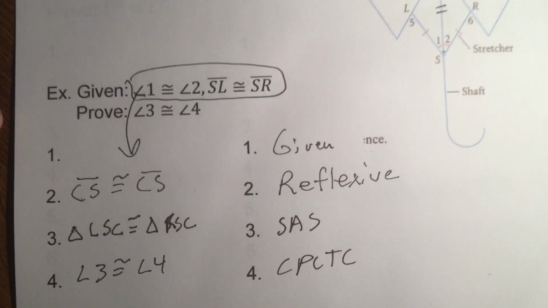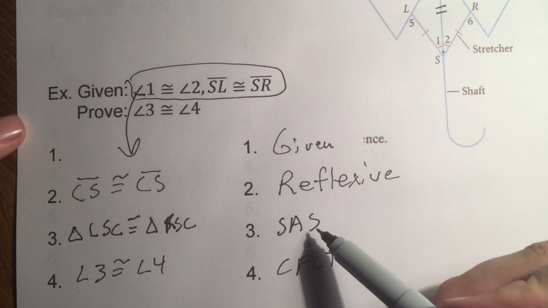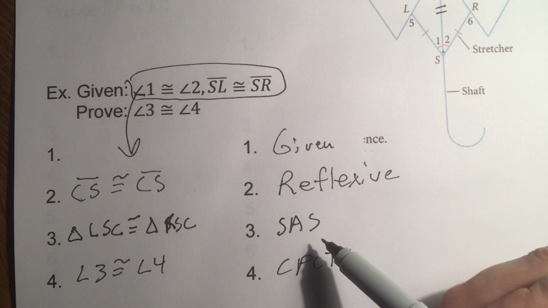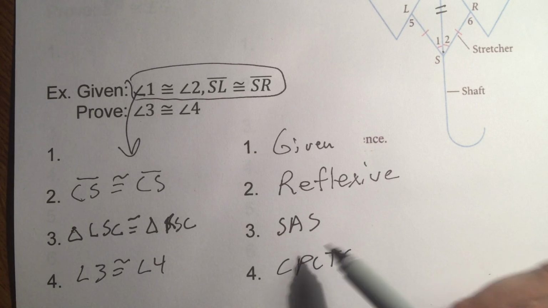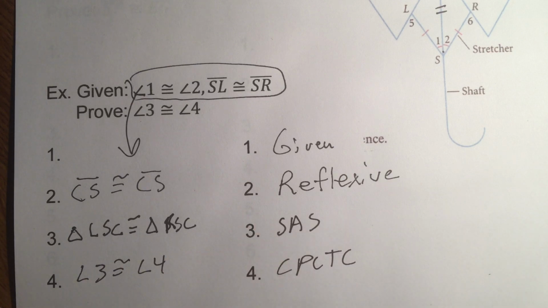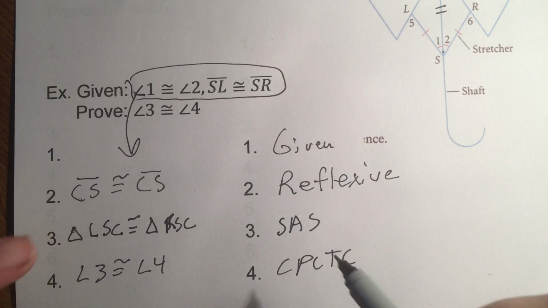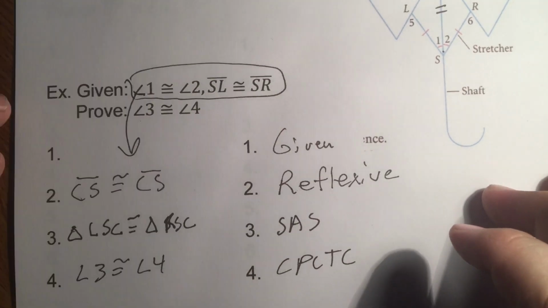So the biggest thing with this is you will prove the triangles congruent by one of our methods, which remember are side, side, side, side, angle, side, and angle, angle, side. We're going to get into another one later on, but these are the ones we have right now. So we're going to prove it using those. Once we have the triangles congruent, then we can say their parts are congruent.